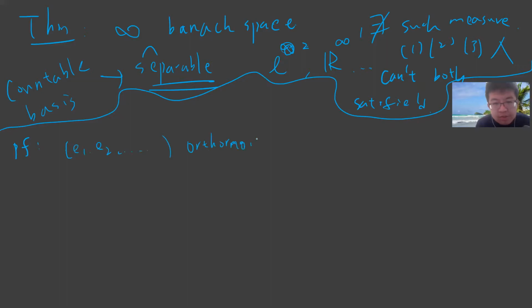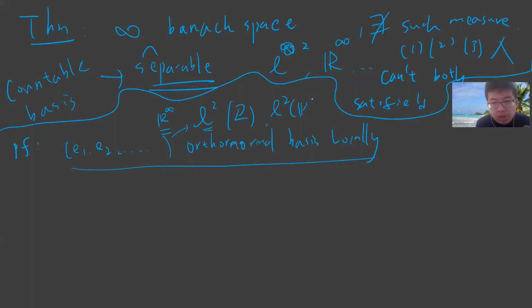If you take R infinity or the L2 space, say L2 of Z, or if you're working on L2 of R, you can choose the Hermite polynomials, wavelets, Fourier coefficients or trigonometric functions. However, you just take an orthonormal basis.